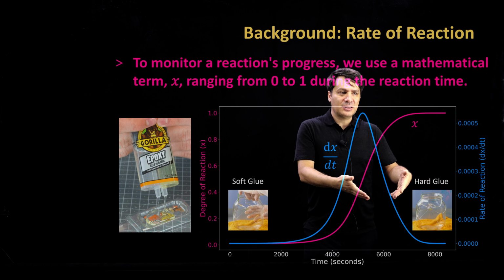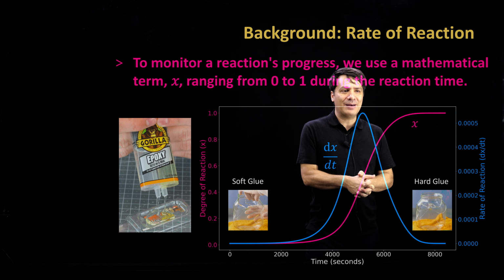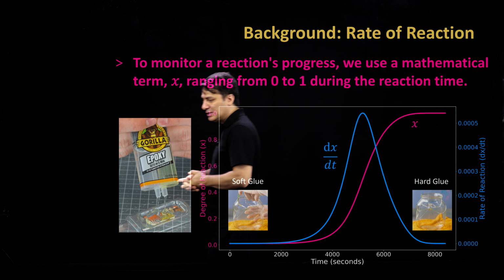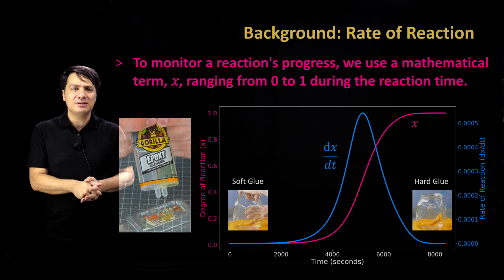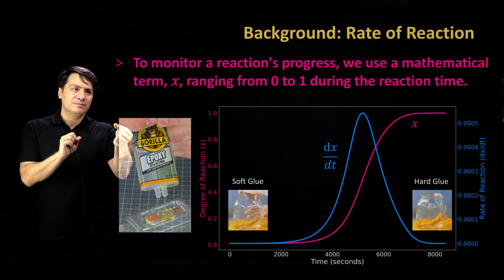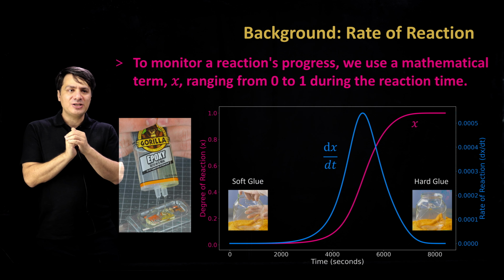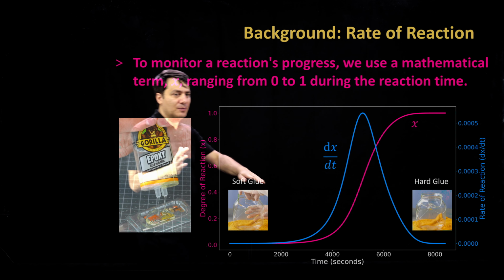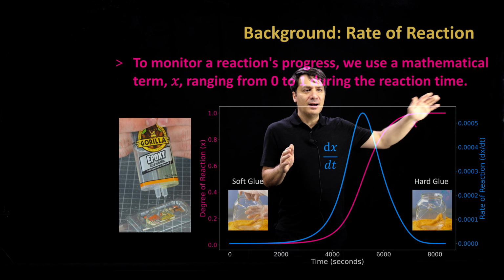And it takes, let's say, 5 minutes for that thing to happen. During that time, you can think about it this way, that there is a degree of reaction, let's call it x, that changes from 0 to 1, and that's this red curve here.